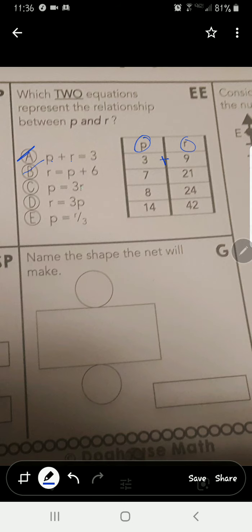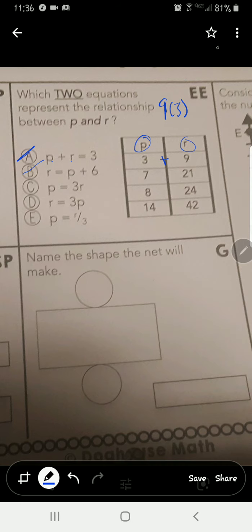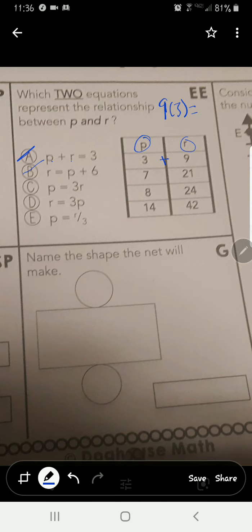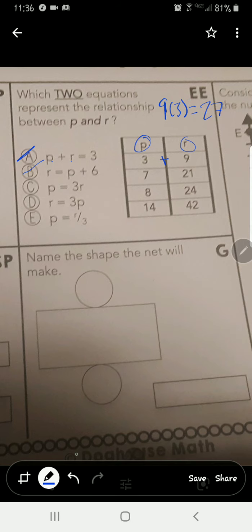P equals 3 times R. Let's see. 9 times 3, does that equal P? No, it equals 27. So that can't be it.